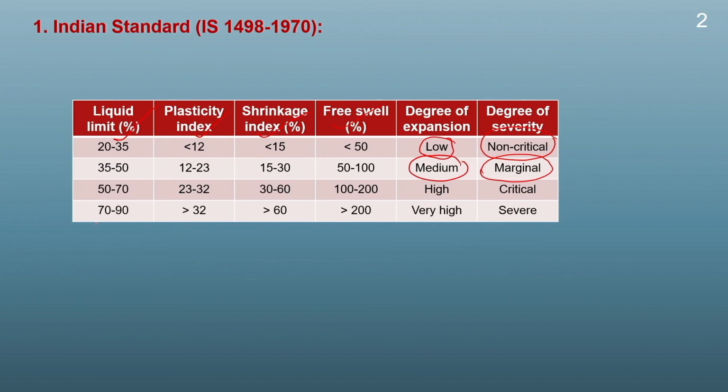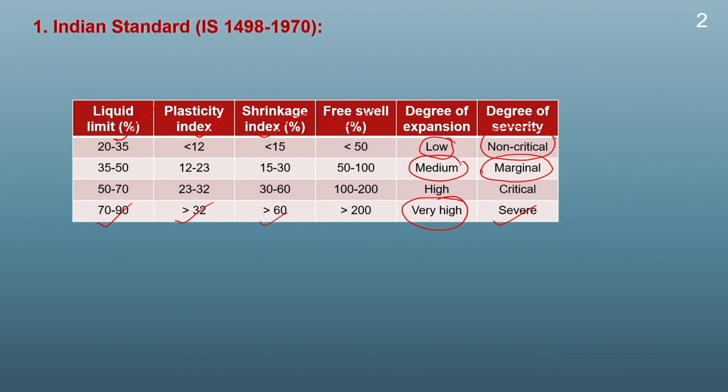Similarly, if the liquid limit is around 70 to 90, plasticity index is greater than 32, shrinkage index is greater than 60 and free swell is more than 200%, the degree of expansion of the soil will be very high and the degree of severity of this soil can be termed as severe. So, this is about the Indian standard classification of expansive soil.